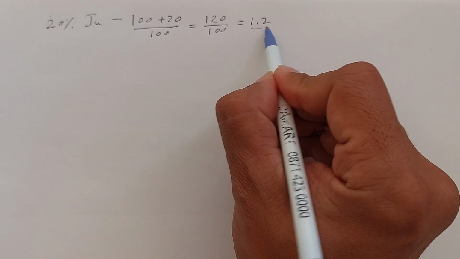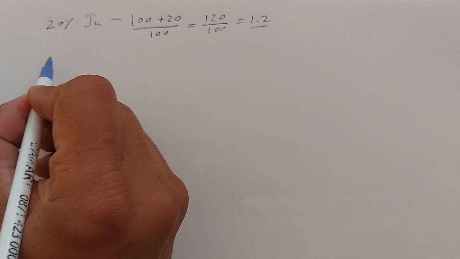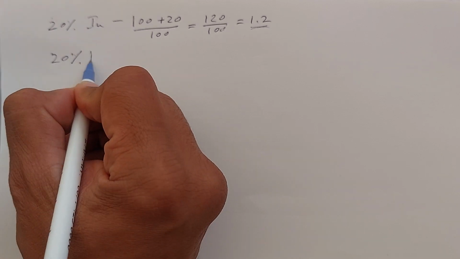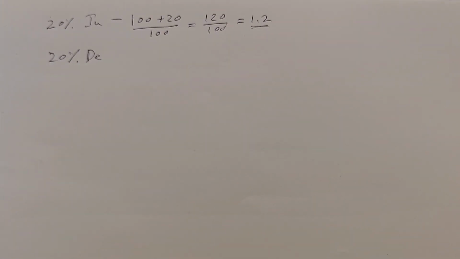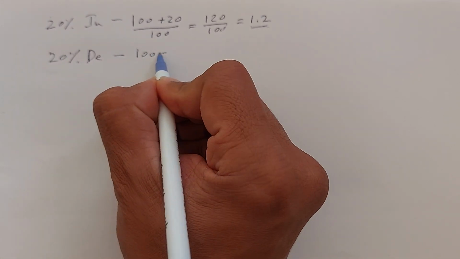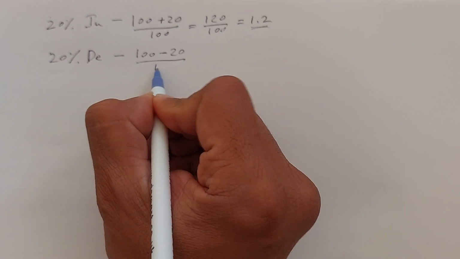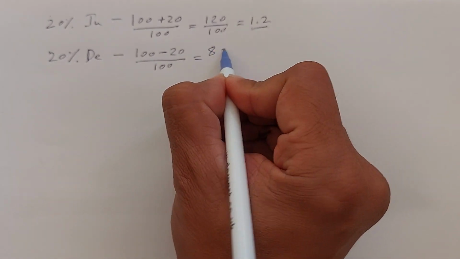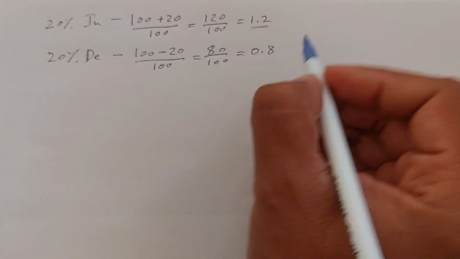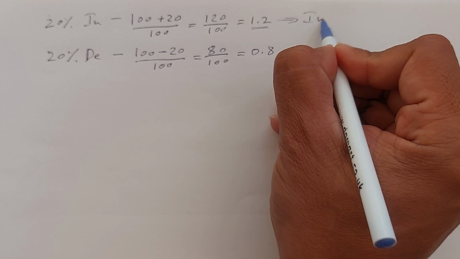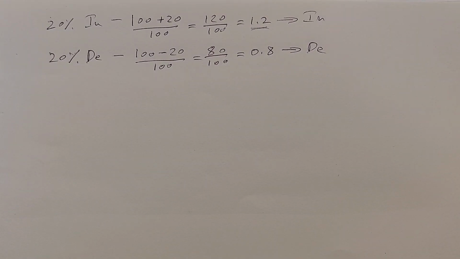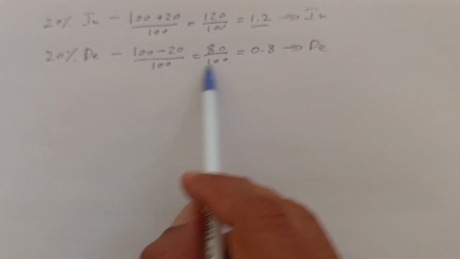This is the multiplier. The same works for decrease. If something is decreased by 20%, we do 100 take away 20 over 100, which is 80 over 100. That gives us 0.8. So this is the increase multiplier and this is the decrease multiplier. It's easy to understand.